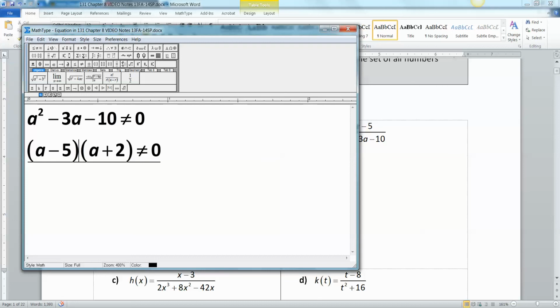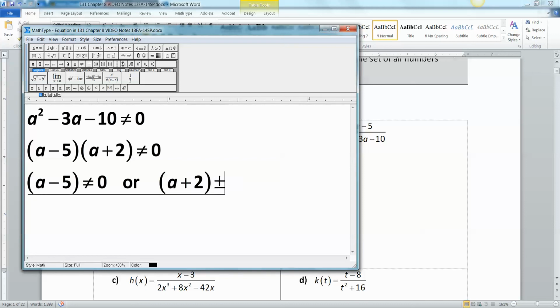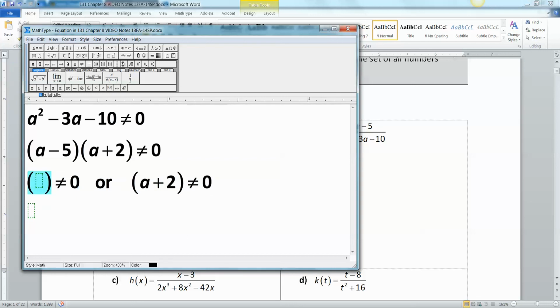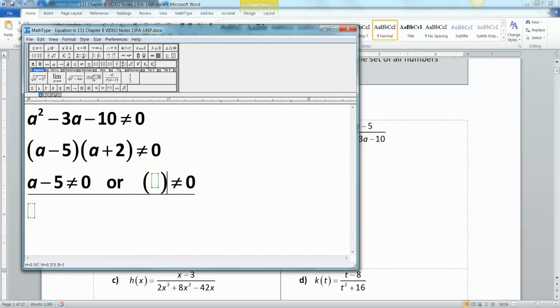Okay, so if a minus 5 times a plus 2 is not 0, then either a minus 5 is not 0, or a plus 2 can't be 0. I don't need that parentheses there. So a minus 5 is not 0, and a plus 2 is not 0.